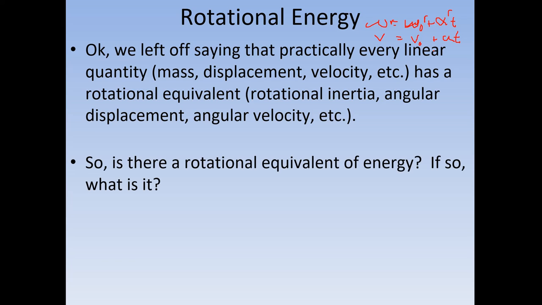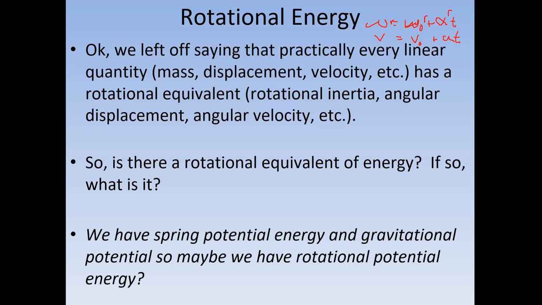So we could first think to ourselves, what are some rotational equivalents to energy? Well, there's actually two. So you might think that since we have a lot of potential energies, we have spring potential, we have gravitational potential, maybe we have rotational potential energy. Unfortunately, no. I'm going to explain that in a little bit.